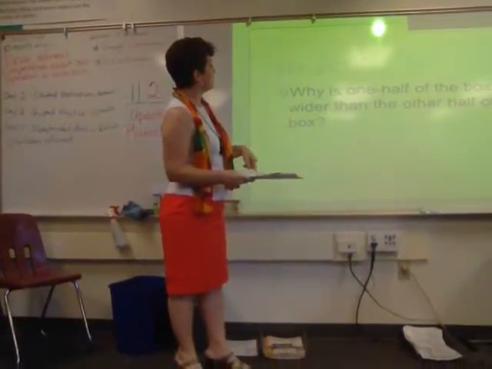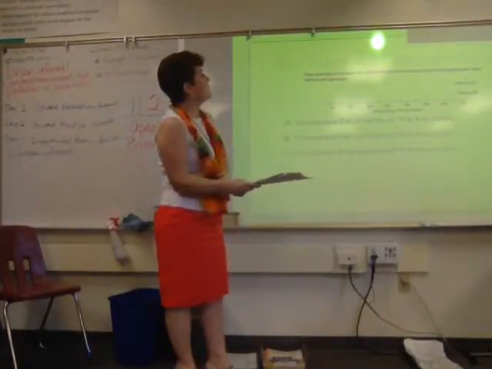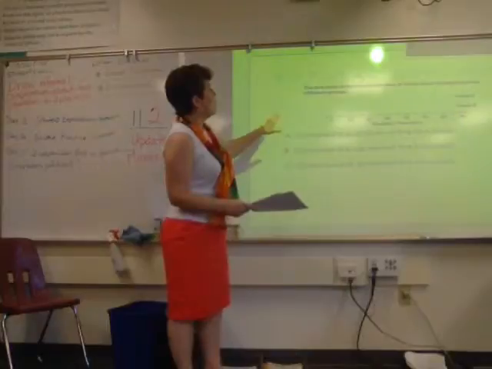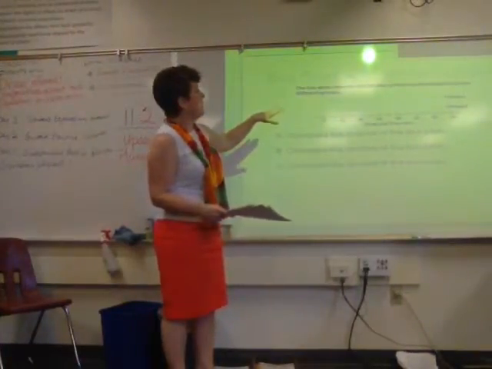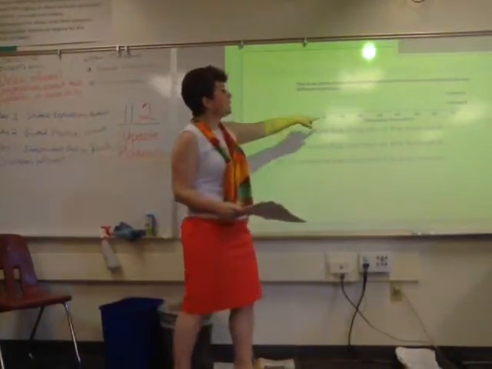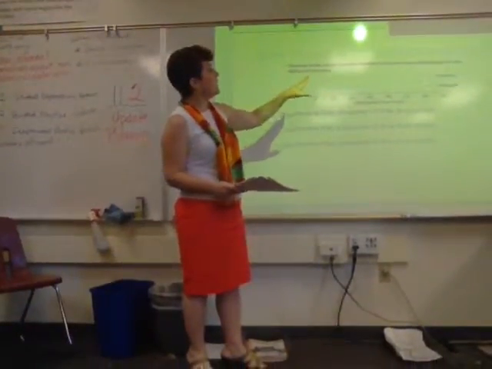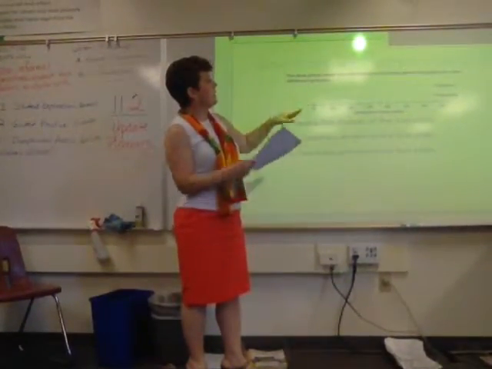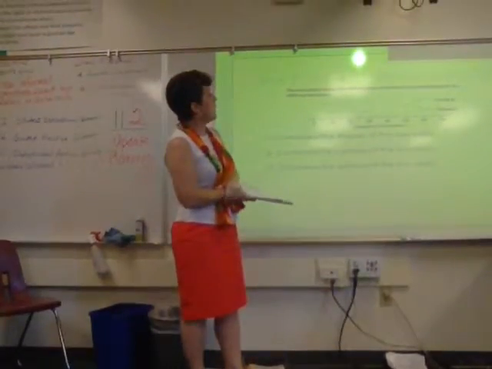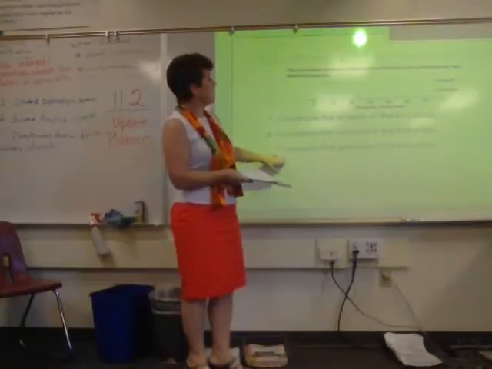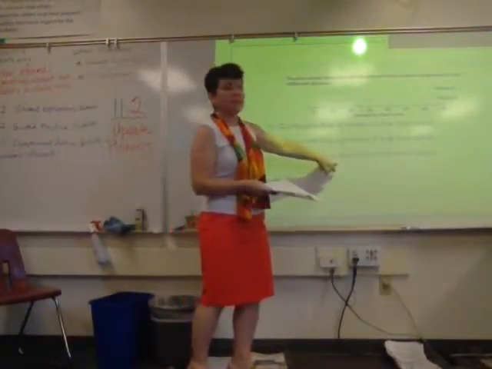Next one. Okay, so now let's go to example 1 where we're comparing the data. Now this is two box plots with similar variability. So that tells us that the variability, which is the spread, is similar. We're looking at the same three questions: the shape, the center, and the spread.